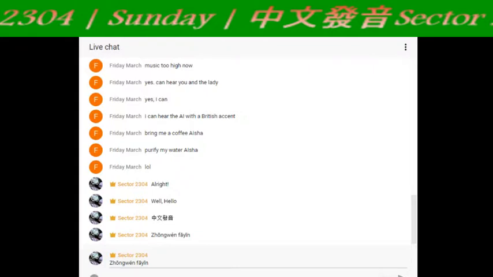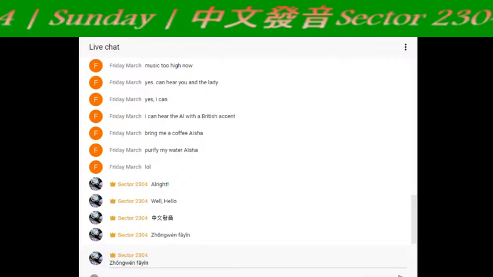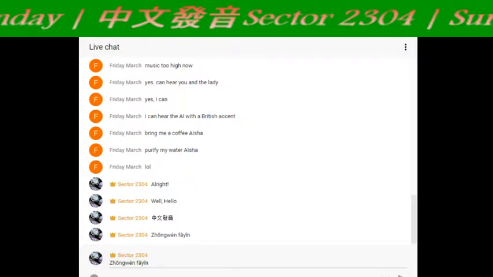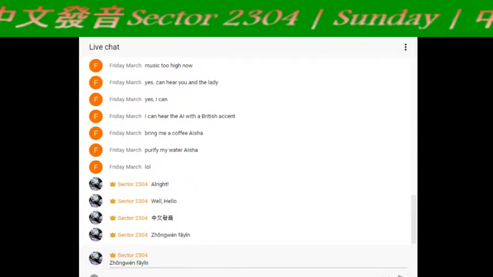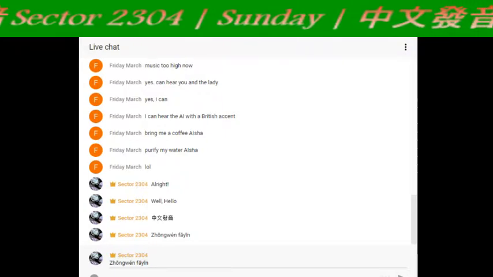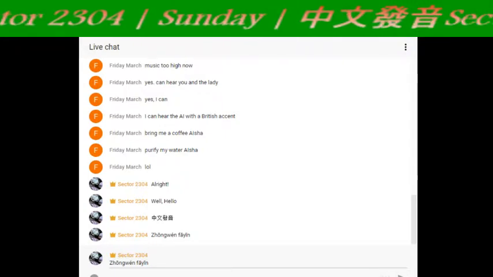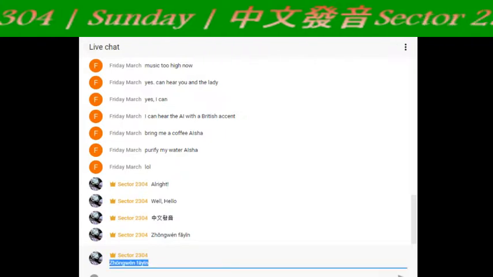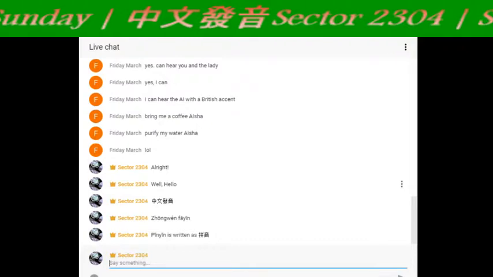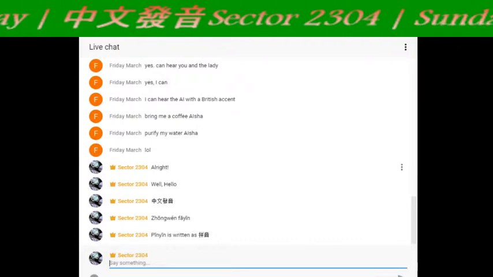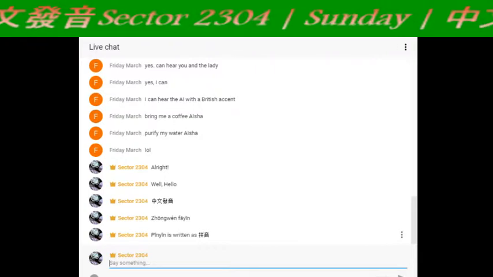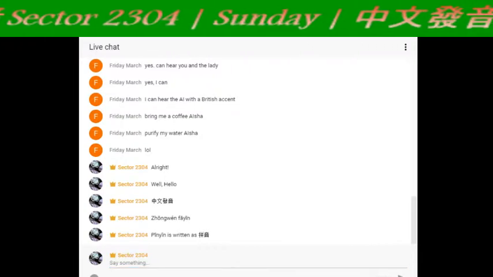So, by the way, pinyin is written in a certain way, and I'm going to share it with you. Pinyin is written as pinyin, right?